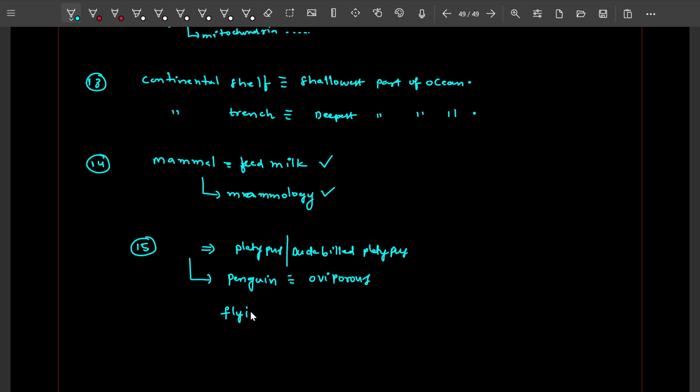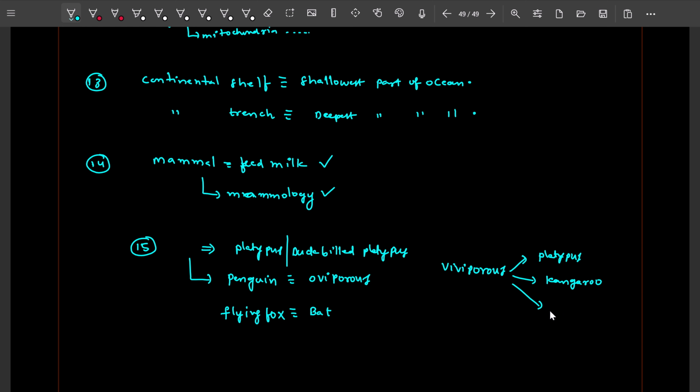Then flying fox. It is nothing but a bat. Then some examples of viviparous animals: the platypus is also viviparous, and the next one is the kangaroo, also viviparous.